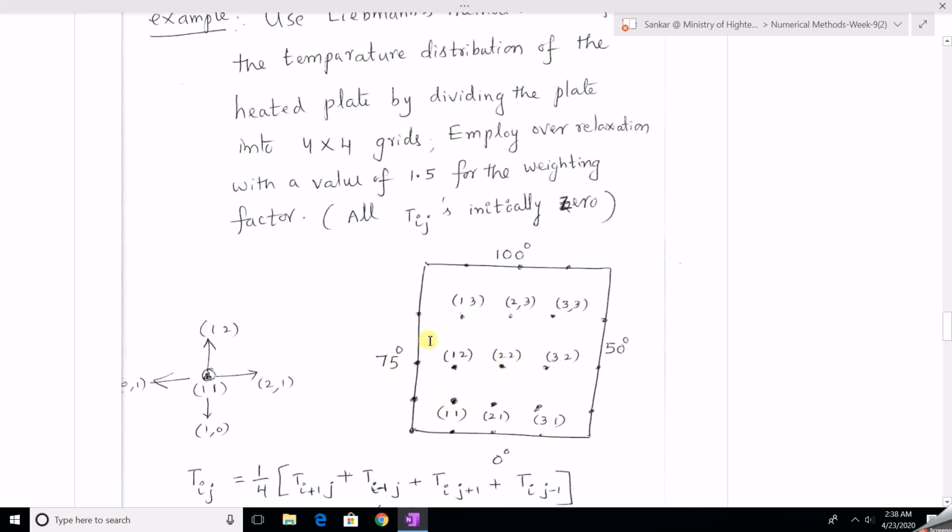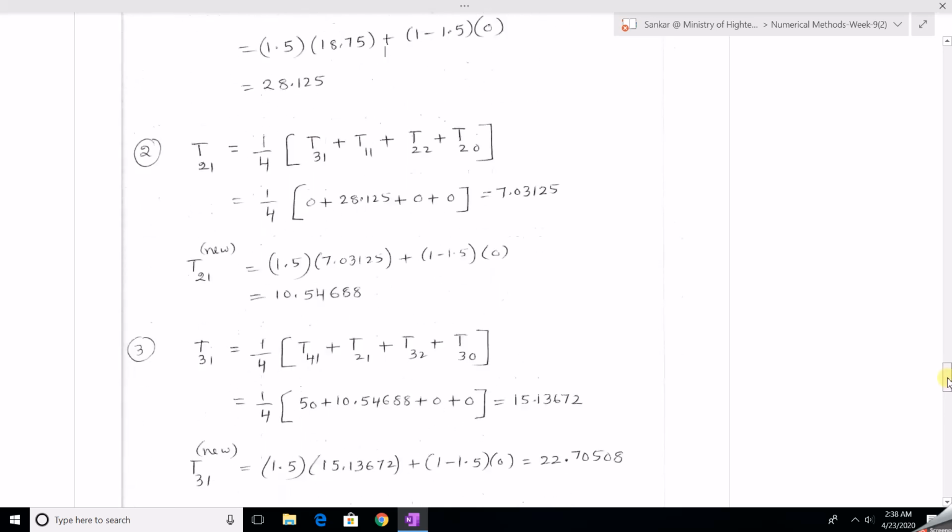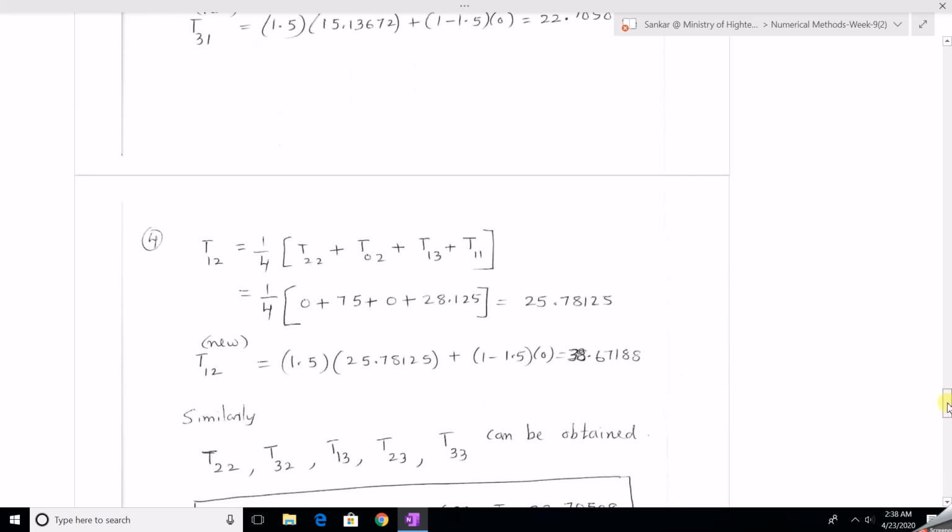So using those 4 points we find the temperature at 1, 2. So let me write that one, T12. So the temperature at 1, 2 is equal to 1 over 4 times T22, the next point along the x-axis, plus T02, the previous point along the x-axis, T13, the above point along the y-axis, T11, the below point along the y-axis.